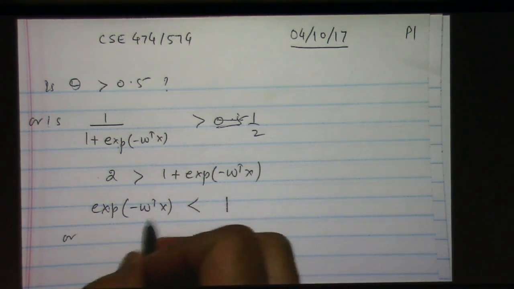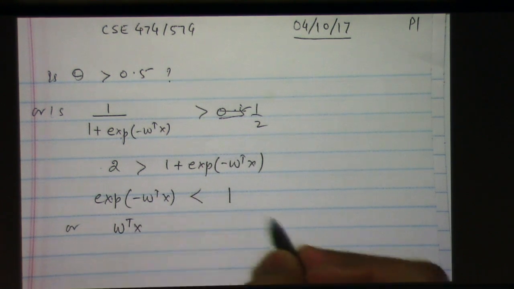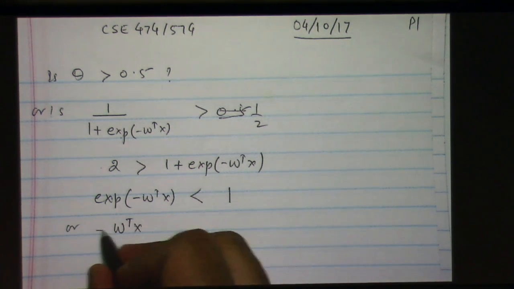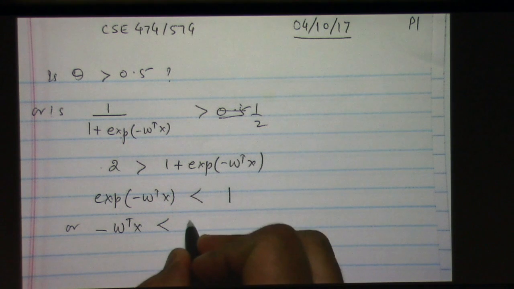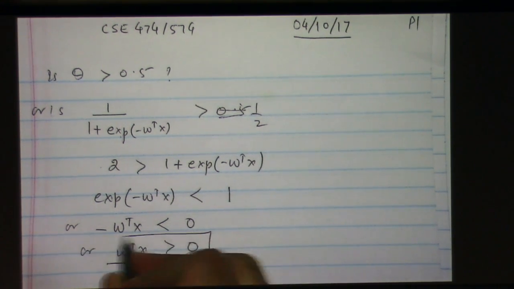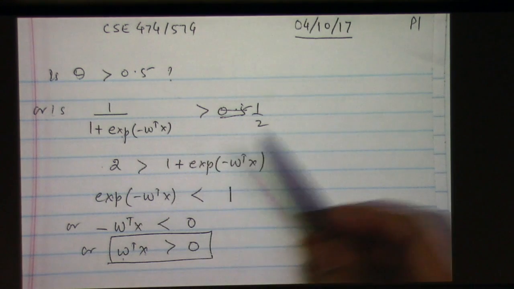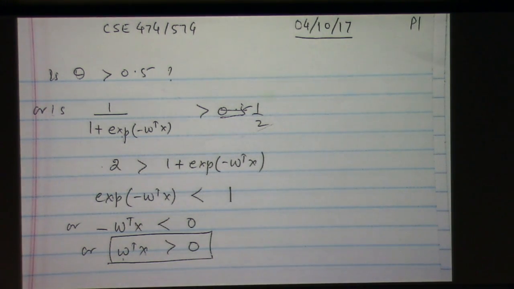If I take the log on both sides, minus W transpose X is less than 0, or W transpose X is greater than 0. So these are equivalent. Once you have W, you can apply either rule. It's the same thing.